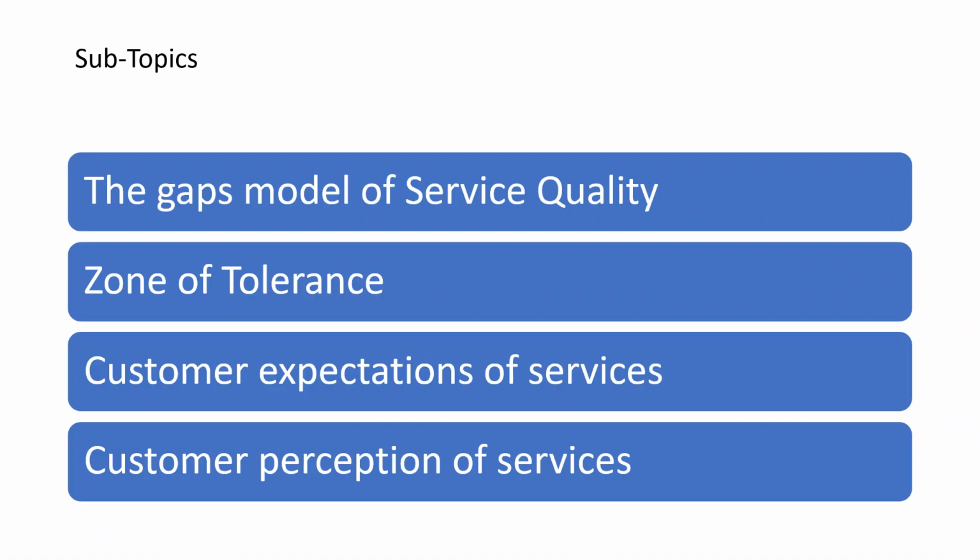The difference between the two, that is expectations and perceptions, is what we call the customer gap. If the gap is large, that means customer satisfaction is low. But if the gap is small, then customers are more satisfied. So this is what we are going to explore in this lesson.